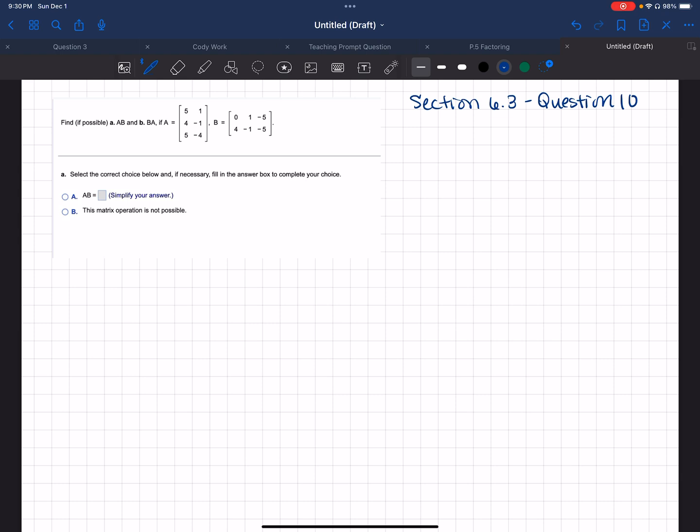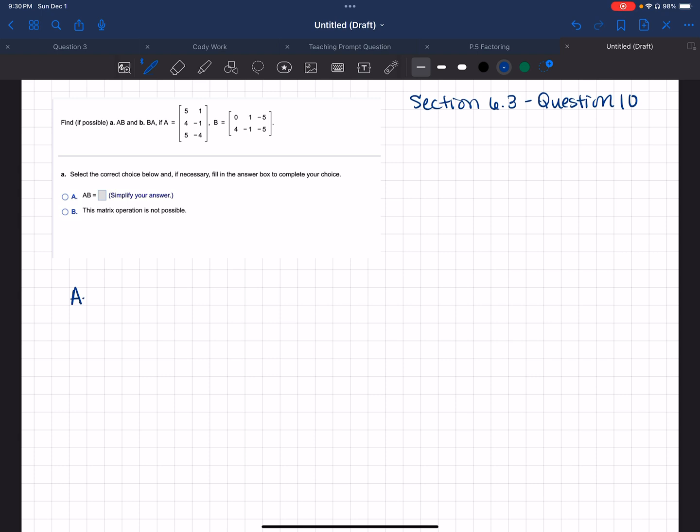So the first thing that we need to remember is that when we multiply matrices, we need to list their dimensions, and the columns of the first matrix must be the same as the rows of the second matrix.